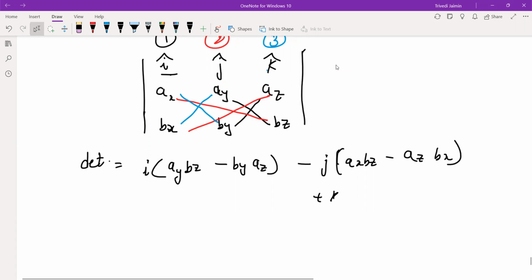Plus the K term: AX BY minus BX AY. That's it.